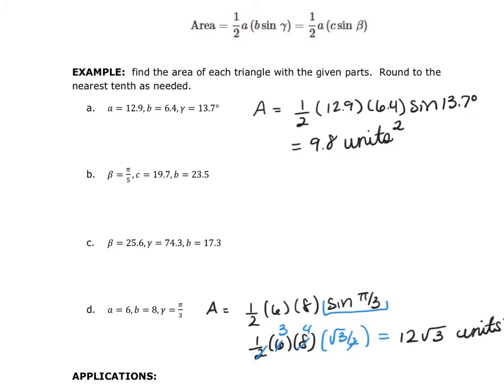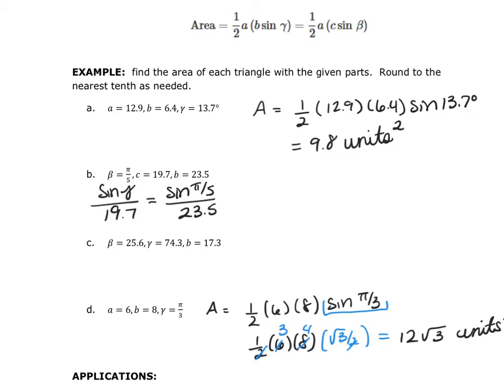Okay, let's find gamma. Because if we can find gamma, then we can go into finding alpha and then the area. Since I'm finding gamma, it'll be the sine of gamma over the 19.7 is equal to the sine of pi over 5 divided by the 23.5.